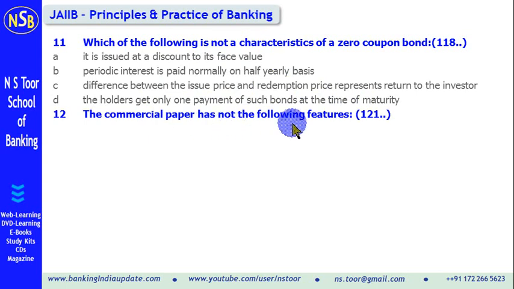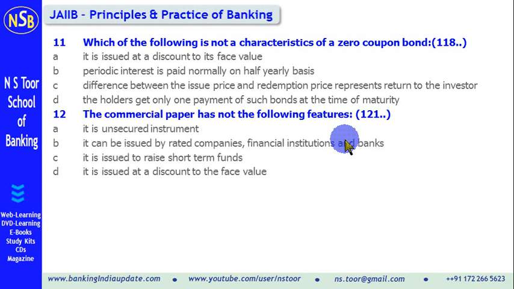Commercial paper has not the following features. So let us see what those features are. We have to answer which of these features does not meet the requirement of a commercial paper. First of all, what is a commercial paper?